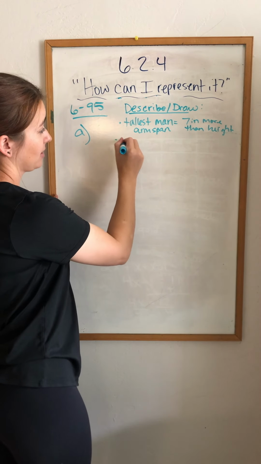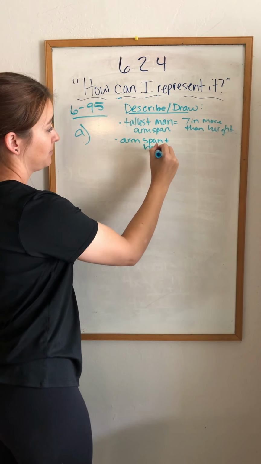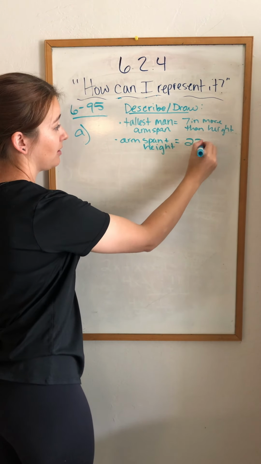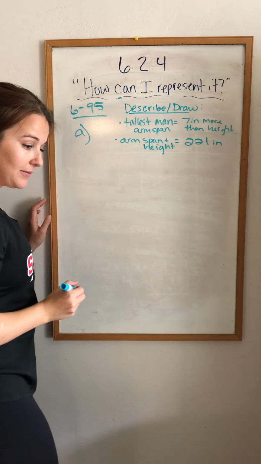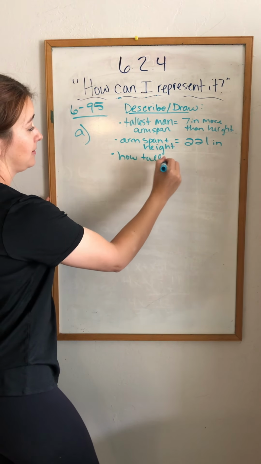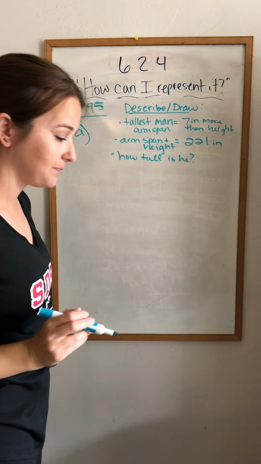His arm span plus his height equals a total of 221 inches, and it wants to know how tall is he. How tall is the man?